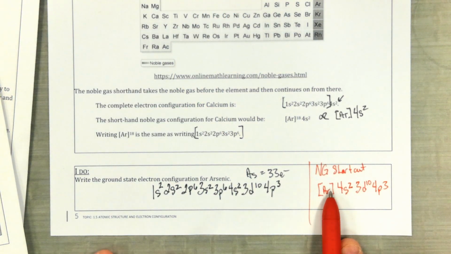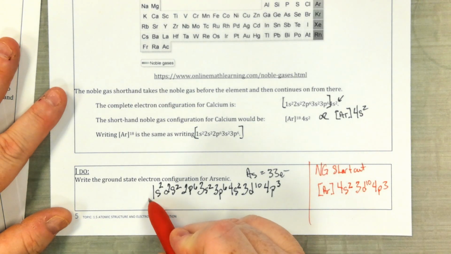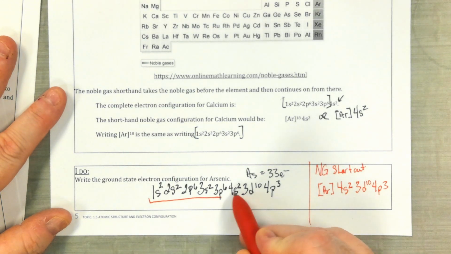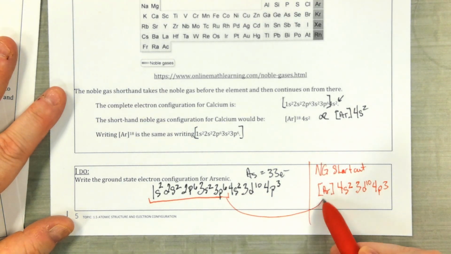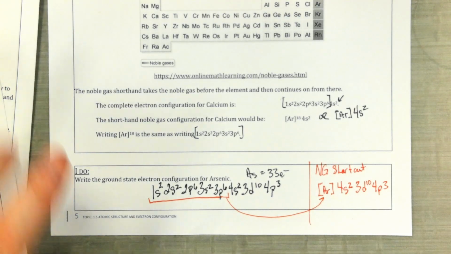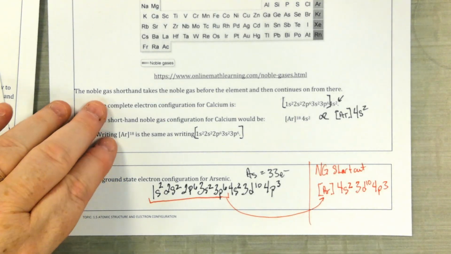So notice, by putting argon there and doing the noble gas shortcut, we're essentially replacing all of this with writing that. Okay, but if it says ground state, put ground state.